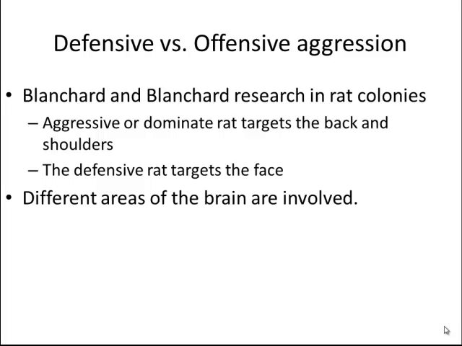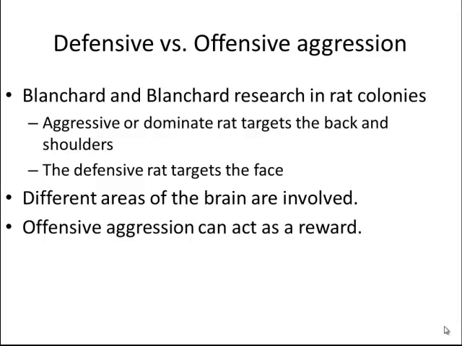Different areas will determine whether that animal is offensively aggressive or defensively aggressive. But it's also true that offensive aggression can be rewarding to an animal. It's something they want to do and they will work towards doing.